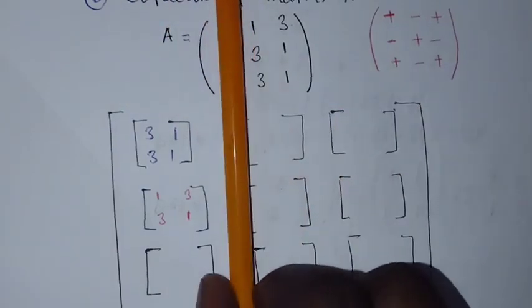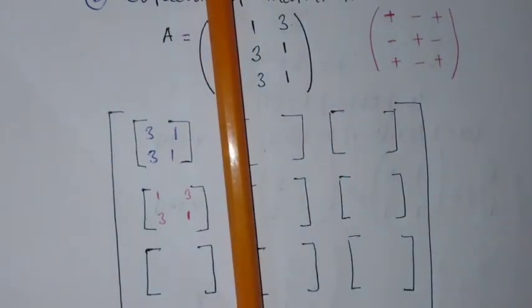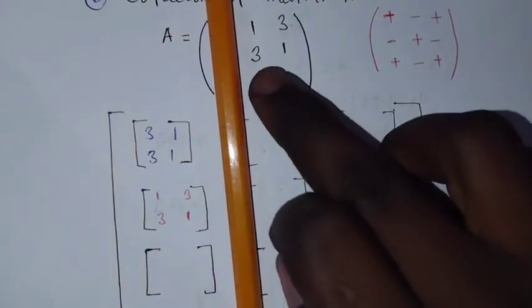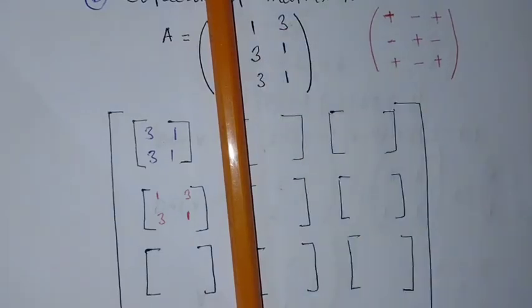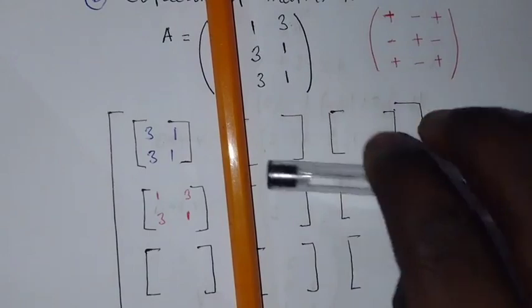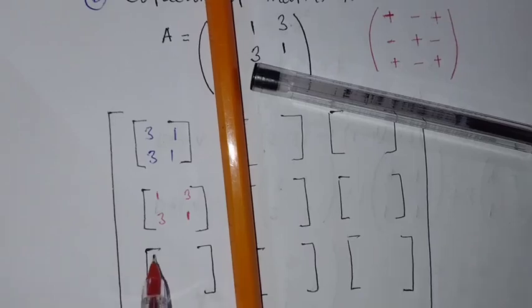So we are going to cover the entire row, and we are going to cover the entire column like this. You remain with 1, 3, 3, 1. I hope it's clear here. So we'll cover this one. You have seen, you remain with 1, 3, then 3, 1. So we are done for the first column.